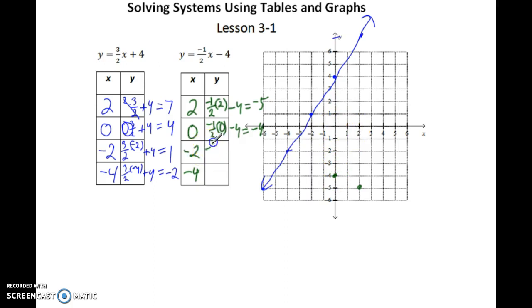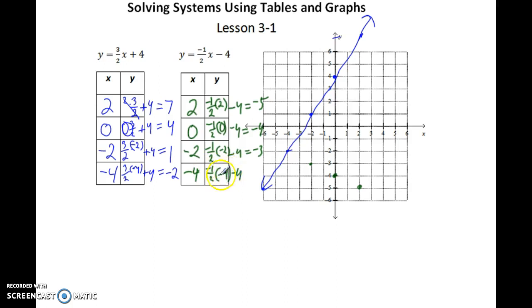And let's plug in -1/2 times -2 minus 4, which is really +1 minus 4 is -3. So -2, -3. And -1/2 times -4 minus 4.